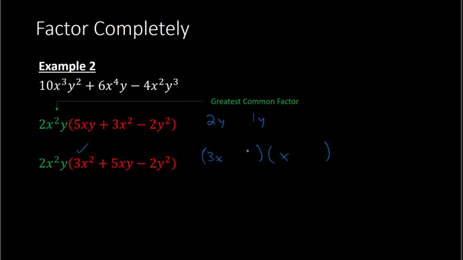So if I experiment by plugging in 2y with the 3x and then 2y with the 1x, we would find that if we do 3x minus the 1y and x plus the 2y, that would give me back out these middle and last terms, because we have negative y times positive 2y, that would give me negative 2y squared, and then we have to check the middle term, so we have negative y times x, that's negative xy, and then 3x times 2y would give me a positive 6xy.